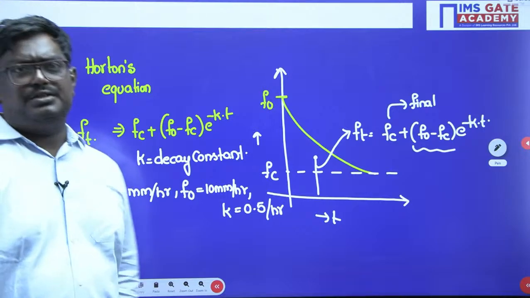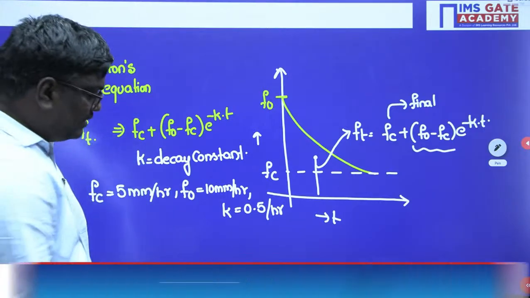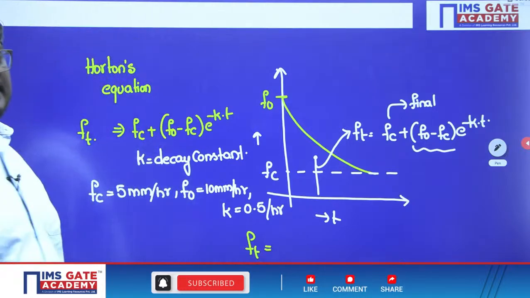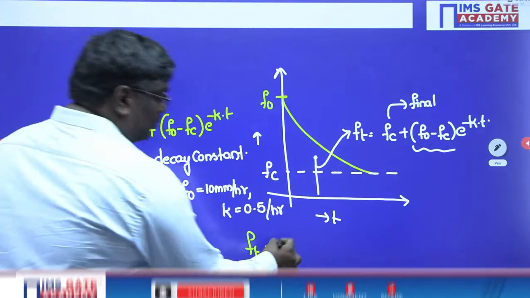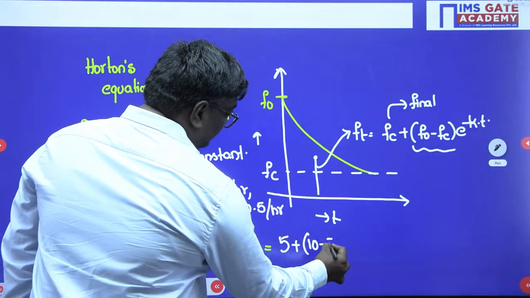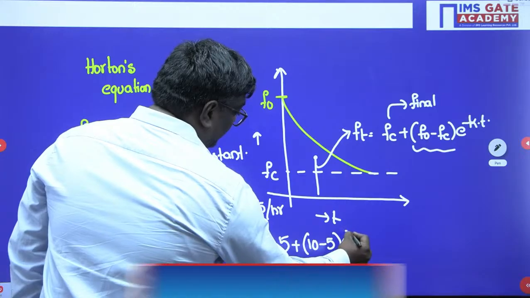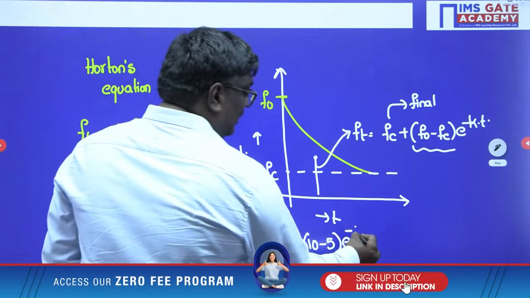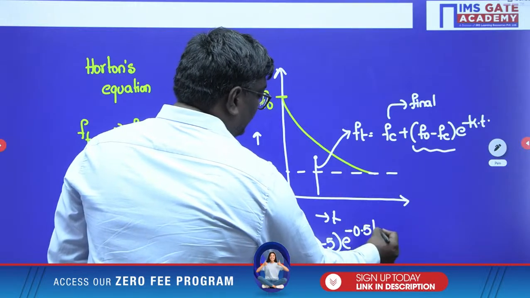Are you following, students? First form the equation. What is the infiltration at a time t? This is equal to 5 plus (10 minus 5) into e power minus k. K is how much, sir? 0.5. So, e power minus 0.5 into t.